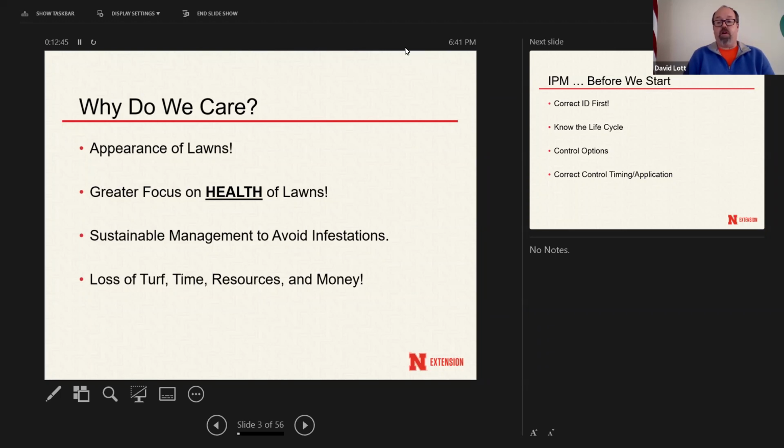But we lose out the turf. It doesn't have the appearance that we like. And we're extra applying resources that we shouldn't have had to apply if we were taking care of the turf correctly in the first place. Now, there are times when there are things that we just simply cannot avoid, and that's when we have to do some of these treatments. But I want you to understand the biology and the specifics of each of these pests.